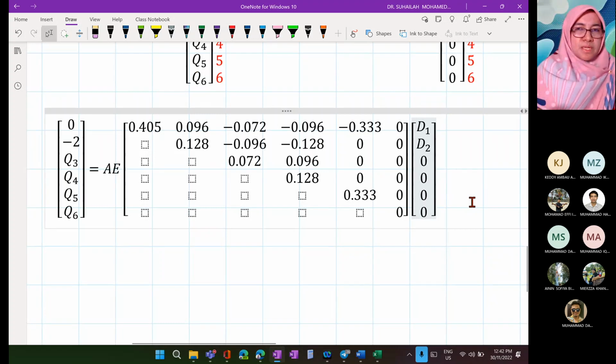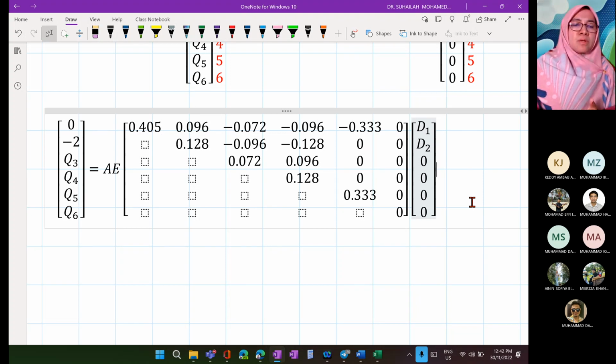If there are 8, it will be an 8 by 8 matrix. Now it is a 6 by 6 matrix of K. So Q, we have Q1 until Q6, D also D1 until D6.